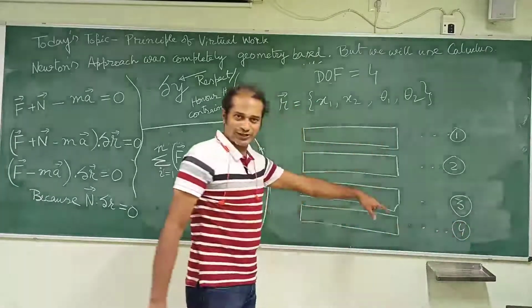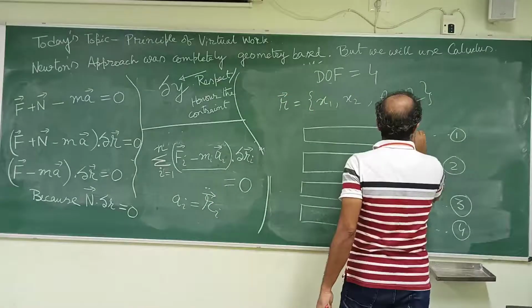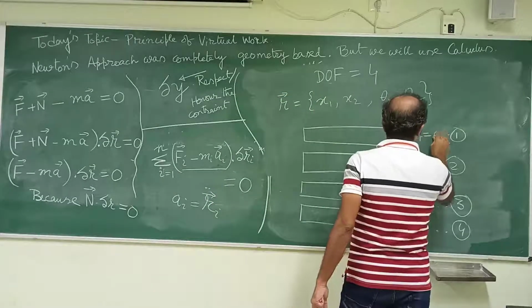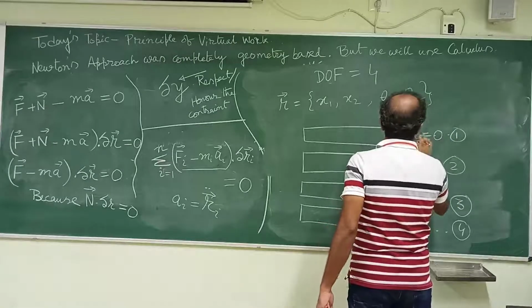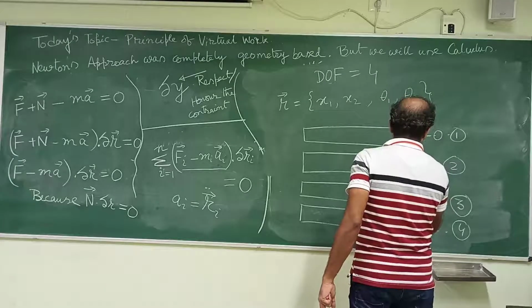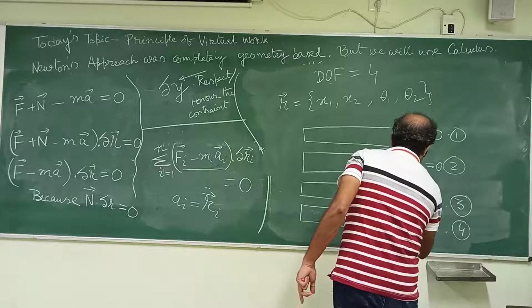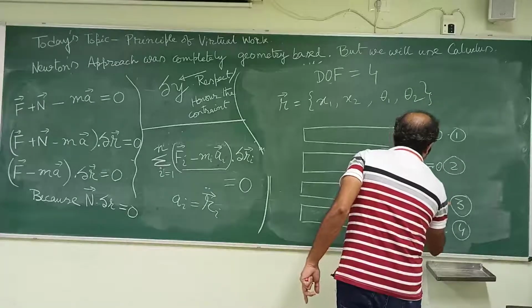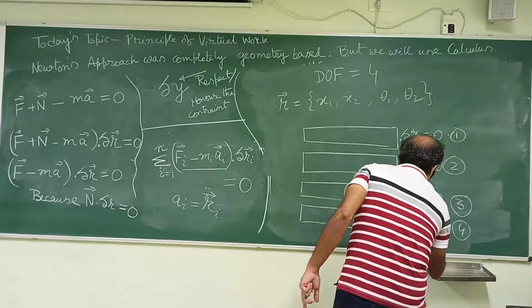And combined together, this equation is obviously going to come with the coefficient of delta of x1 equal to 0, the coefficient of delta of x2 is going to be 0, the coefficient of delta of theta 1 is going to be 0, delta of theta 2 is going to be 0.